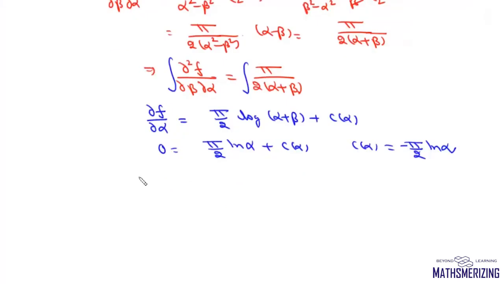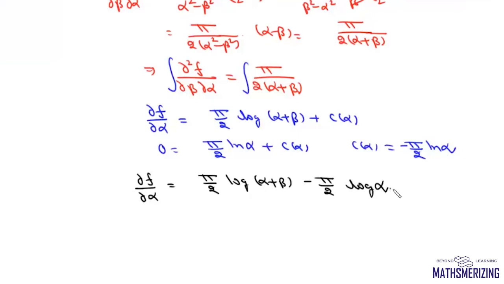So now we can write del f upon del alpha as pi by 2 log alpha plus beta minus pi by 2 log alpha. Now we'll integrate this function with respect to alpha.